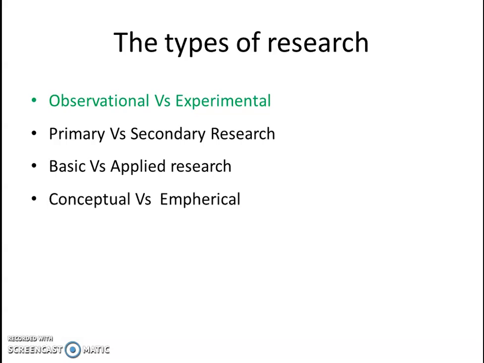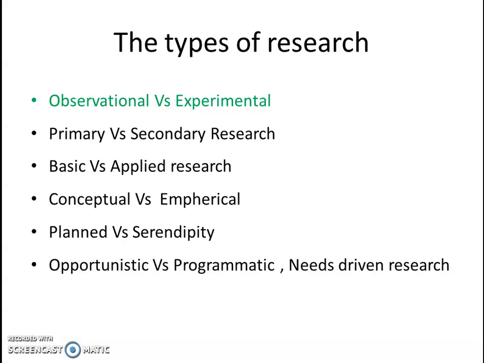The fourth one, conceptual research, empirical research. Fifth one, planned research versus serendipity. The next one, opportunistic research, programmatic research, needs driven research. The last one, individual research and collaborative research.